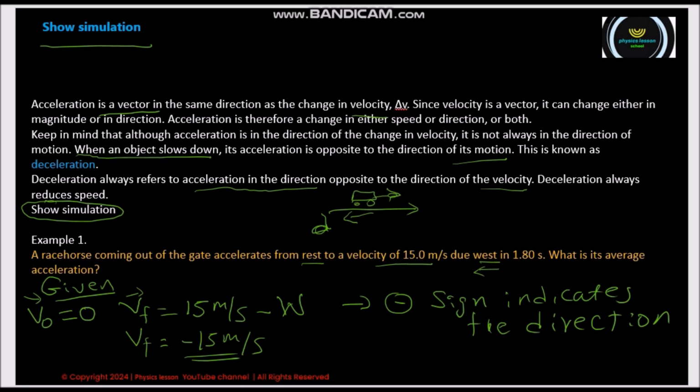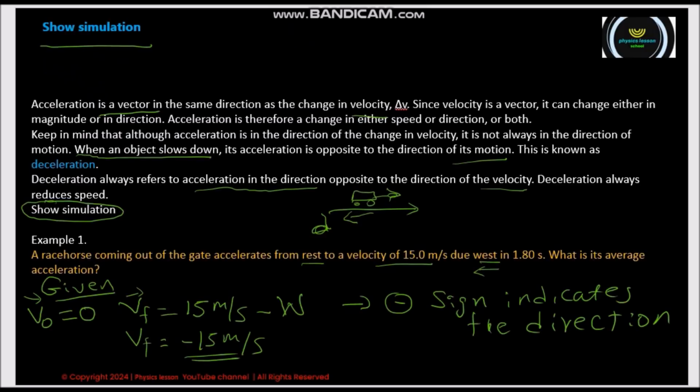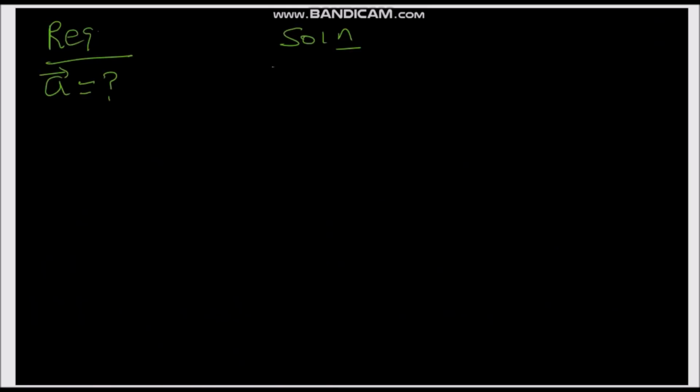What is the average acceleration? You are required to find the average acceleration, which is equal to how much. Good. Solution. Okay, you take out first the given, then the required, then the solution.